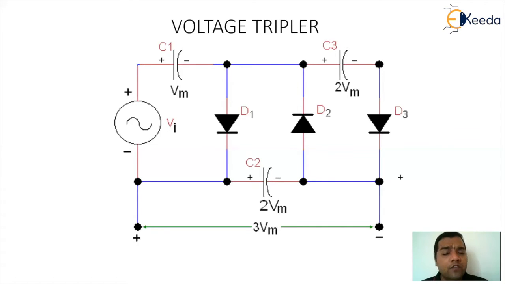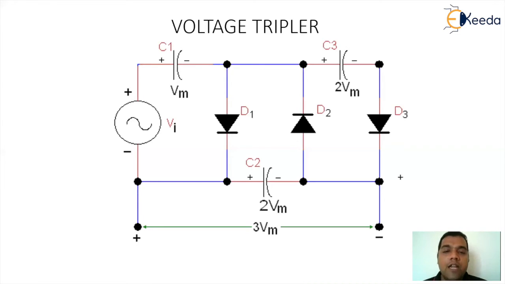So what do we learn from this? That the first capacitor charges to a value of Vm. Later on, if I just keep on adding a diode capacitor arrangement, every later capacitor will charge to a value of 2 Vm. Now if I see the total voltage measured between the highlighted points, you are getting it as 3 Vm.